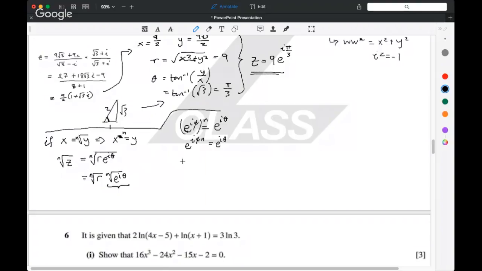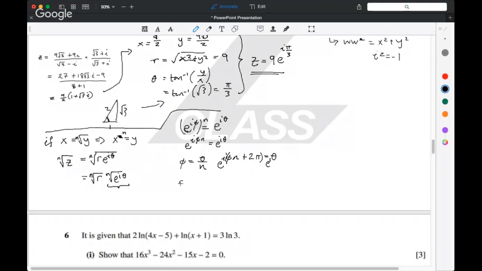And so you might just think that phi equal to theta over n is the solution, and it is one of the solutions. But you have to remember that there is a periodicity in these functions. So phi n plus 2 pi is also equal to theta. What I mean is that e to the i phi n plus 2 pi is also equal to e to the i theta.